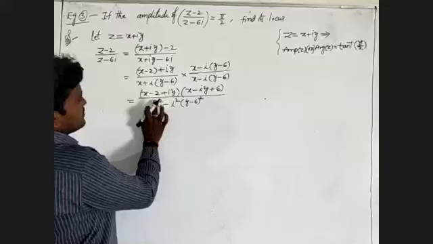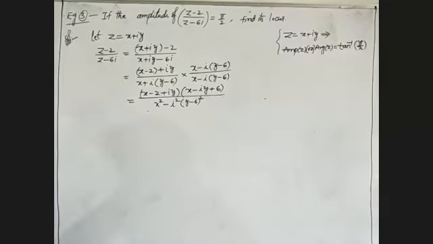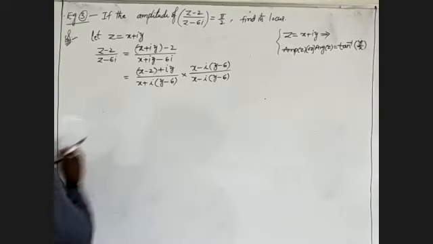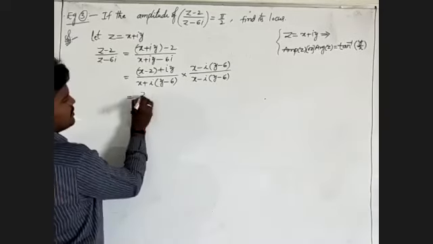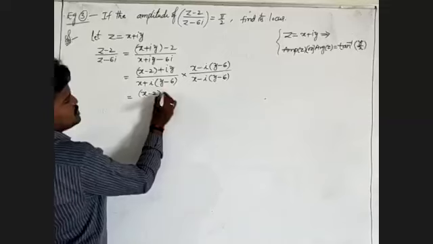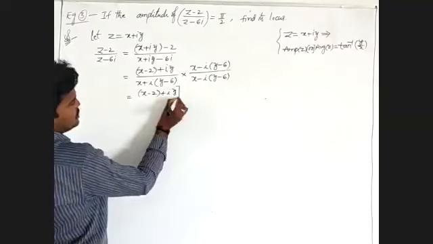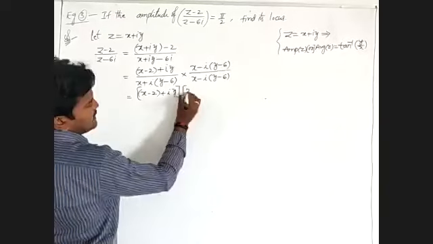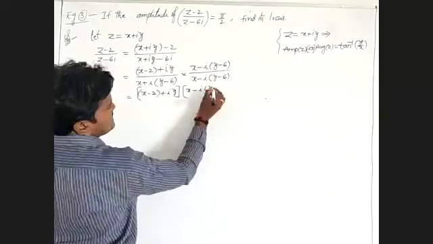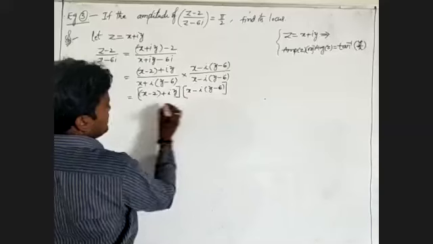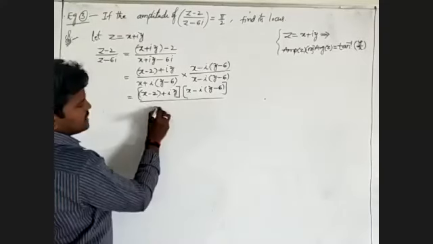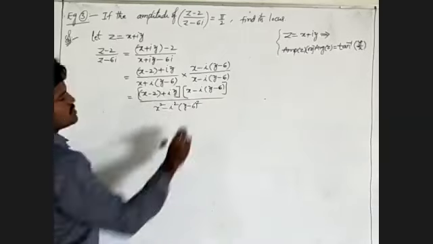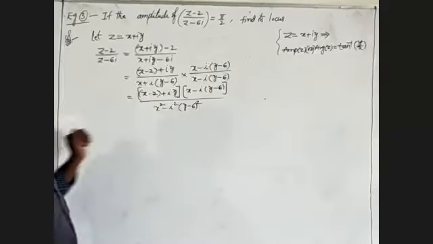That means the numerator is written as (x minus 2 plus iy) into (x minus i(y minus 6)), and the denominator is x square minus i square into (y minus 6) whole square. This term multiplies by that one.